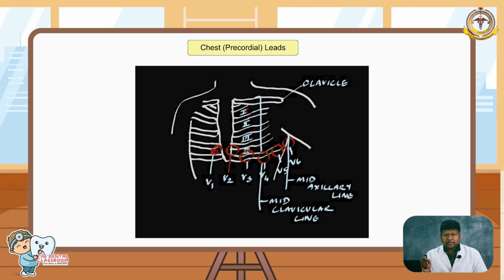This is how the direction of the leads is placed over your heart. You can see your entire heart is captured by the electrodes, almost 360 degrees, based on the leads placed over the precordium.